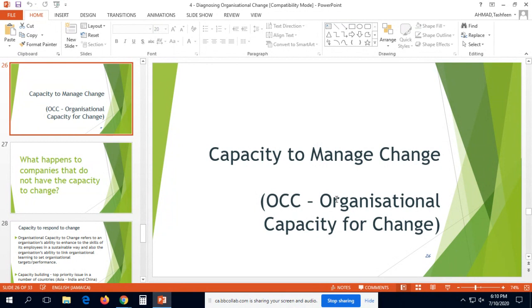Same thing is for the organization. When we were speaking about leadership, I explained that the leader is someone who can see behind the wall. Everyone can see what is on the wall, but a leader can see behind the wall. The same way organizations need to foresee, forecast, and then based on the requirements from the environment, from the customers, consumers, they build their capacity at a time when they don't really need it.